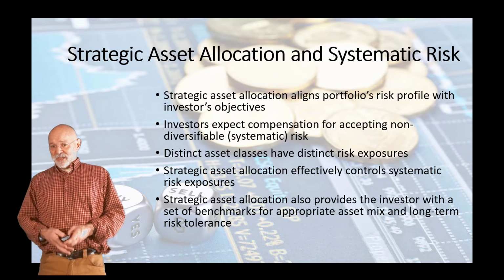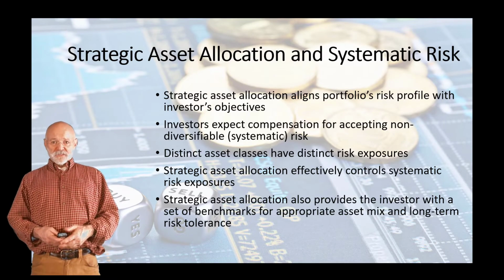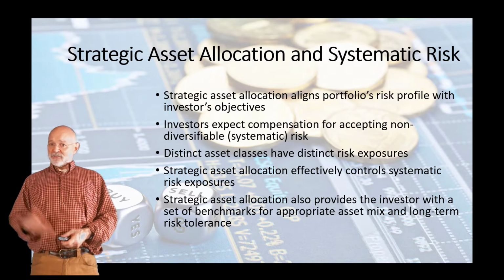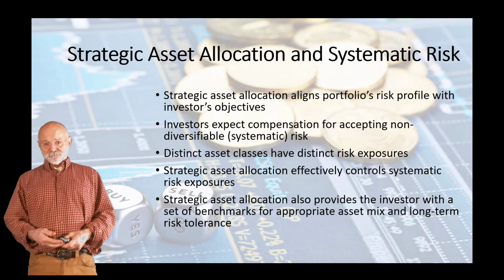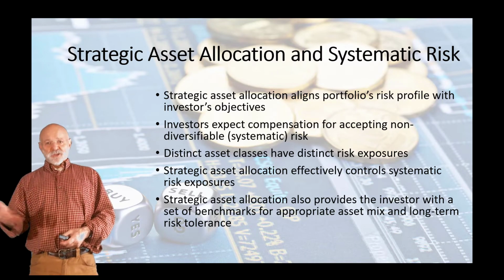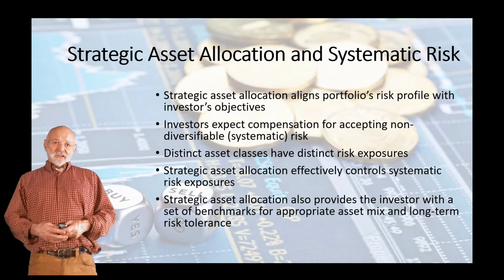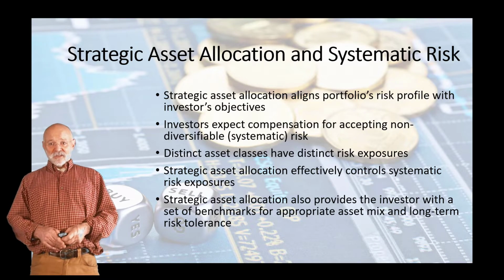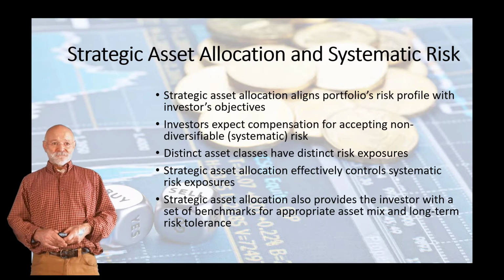Particular classes of assets, bonds, equities, alternative investments, cash, and so on, have all got their own distinct risk exposures. Some have more exposure to market risk, some have more exposure to interest rate risk, country risk, and so on. So the asset allocation effectively tries to limit the overall effect of the systematic risk within our portfolio.